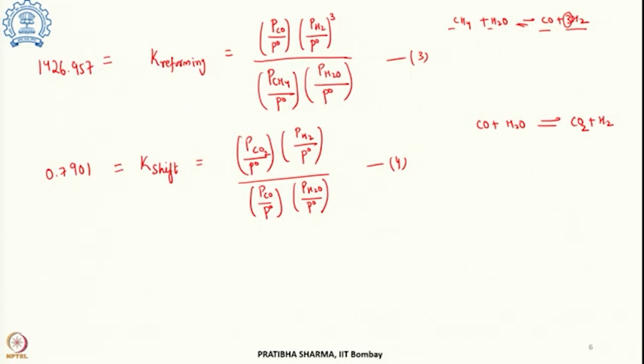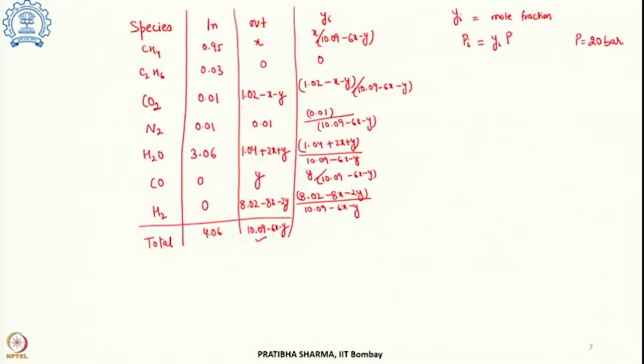The partial pressure for any species i, which could be CO, CH4, CO2 or water, we can write in terms of the mole fraction for that species and the total pressure, which is 20 bar. So, Yi into 20, and that we will substitute using the table here.